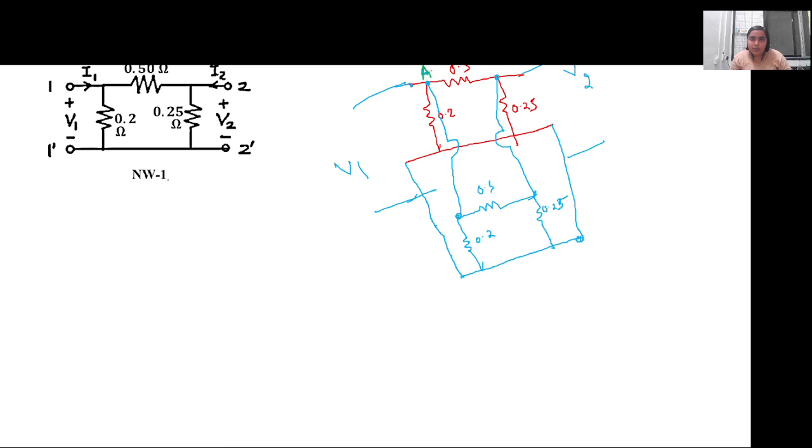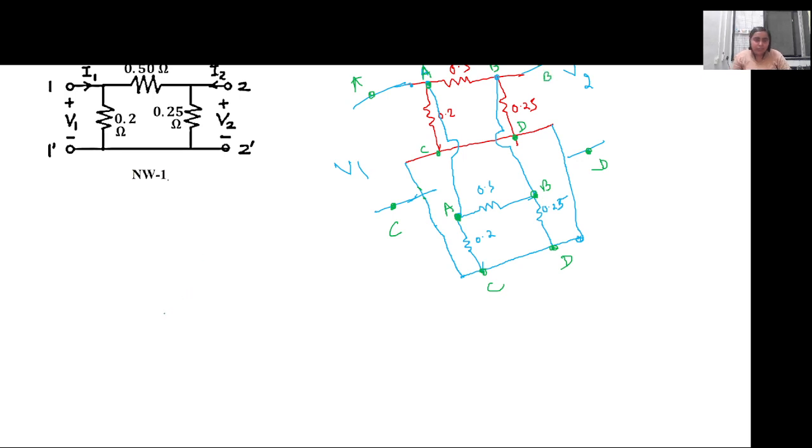So let this be node A, this is B, this is suppose C, and this is D. Since nothing is connected across here, this is also node A, this is also node B. Then this C node, nothing is connected here, so this is C and this is D. And this output is connected to C and this output is connected to D. This is the input, this is A and this is B.